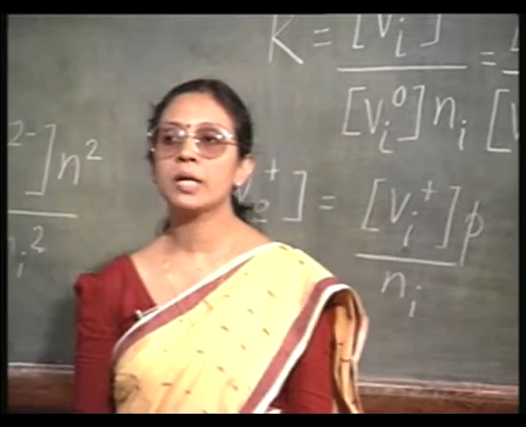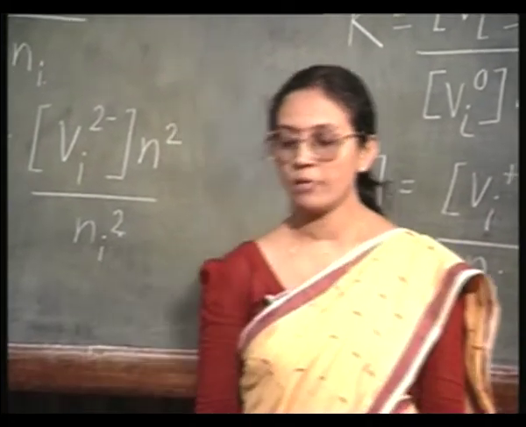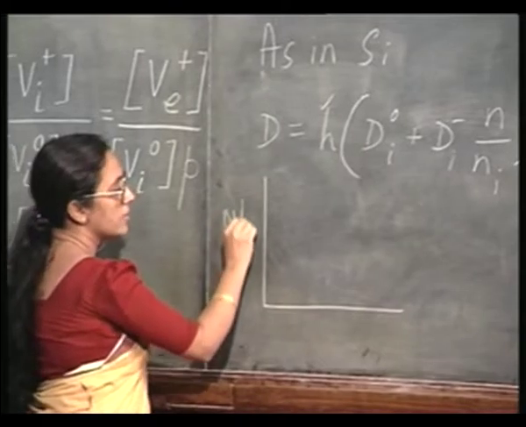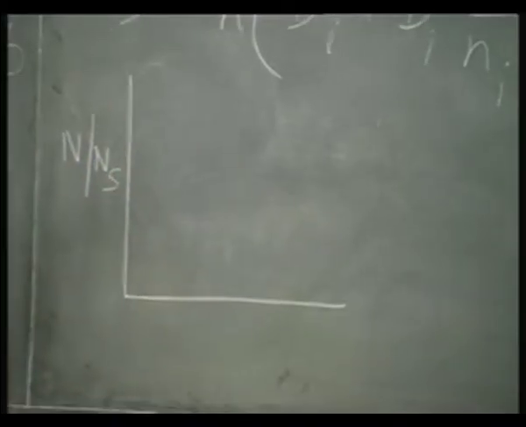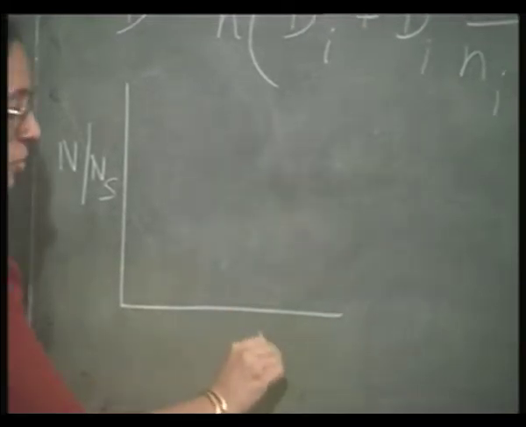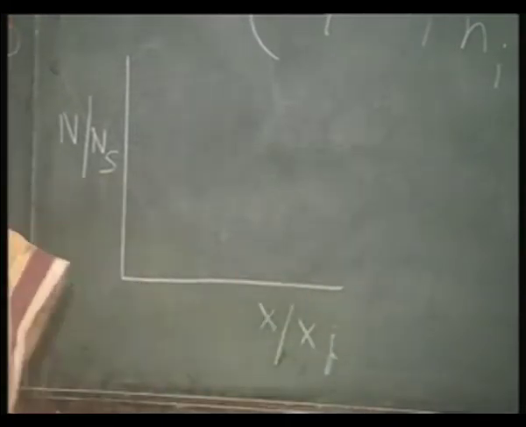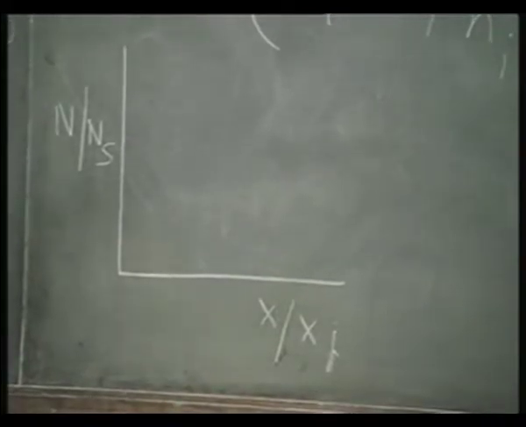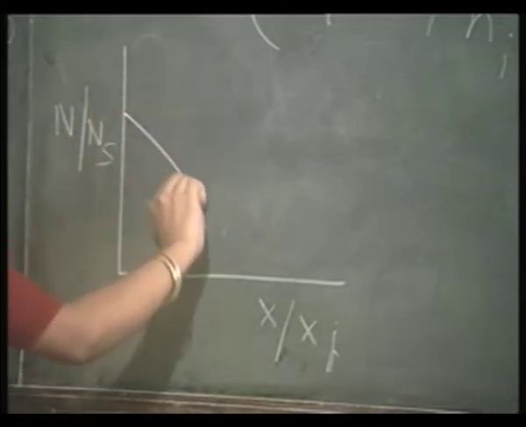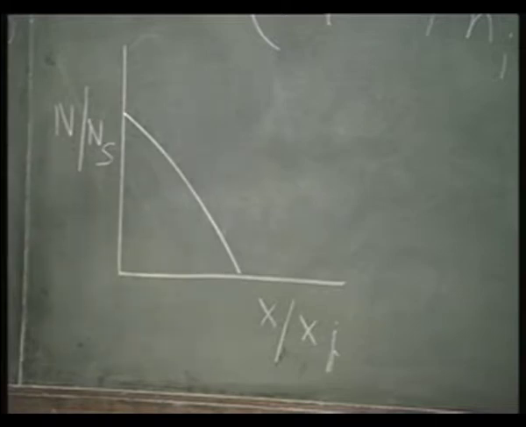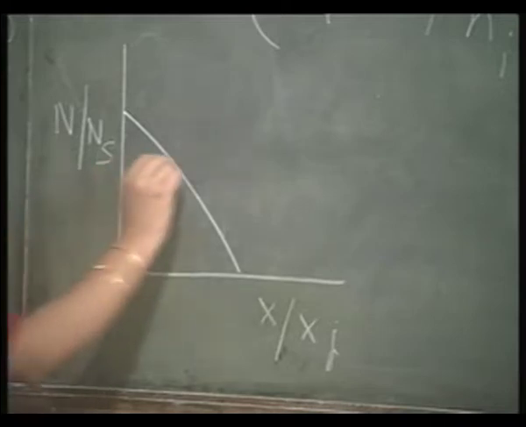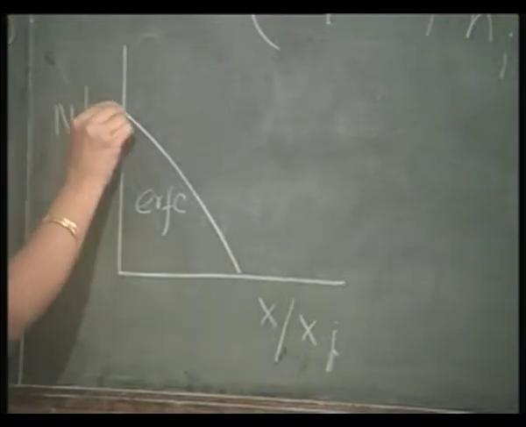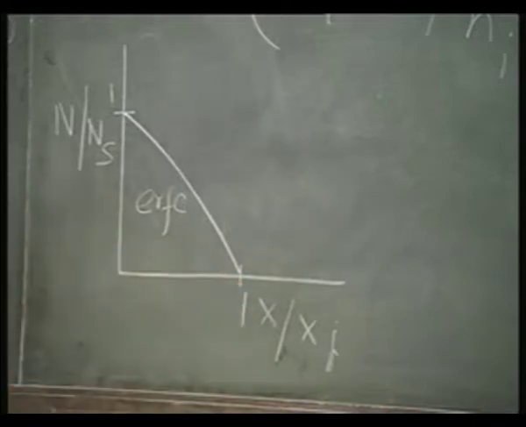Now, if I want to look at the doping profile of this, if I want to plot, say, normalized doping concentration N by Ns normalized to the surface concentration, and if I want to normalize it with respect to the junction depth x by xj, then you know that if this is the complementary error function profile, this value is 1 here and this value is also 1 here.